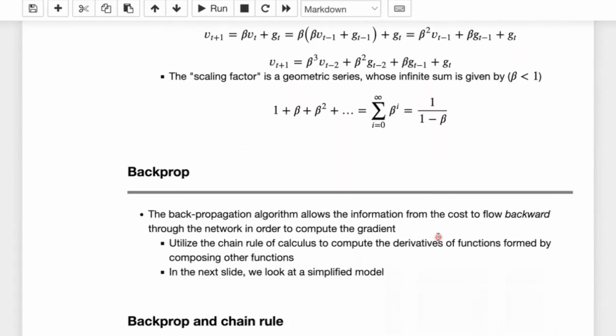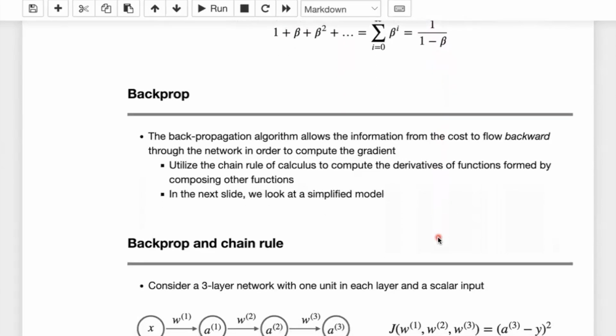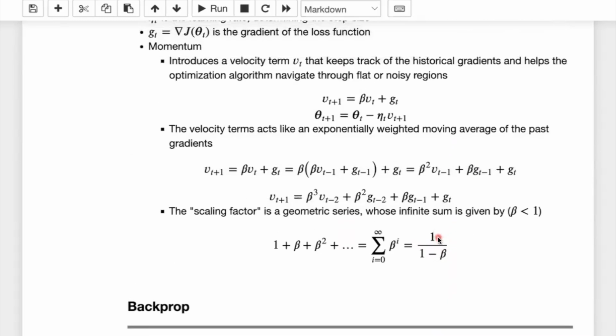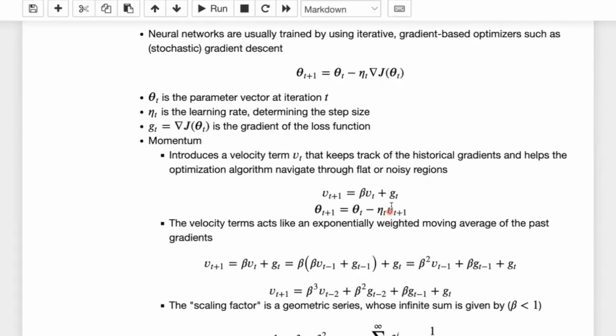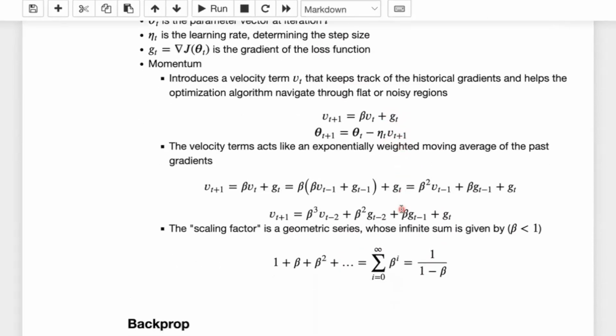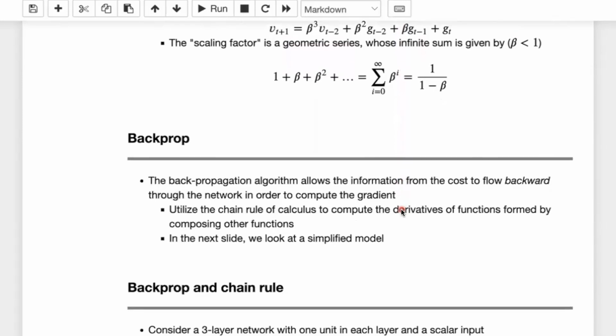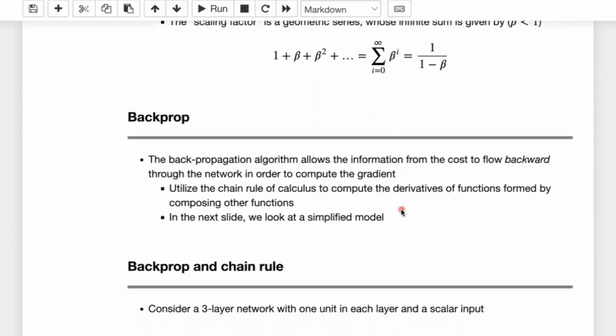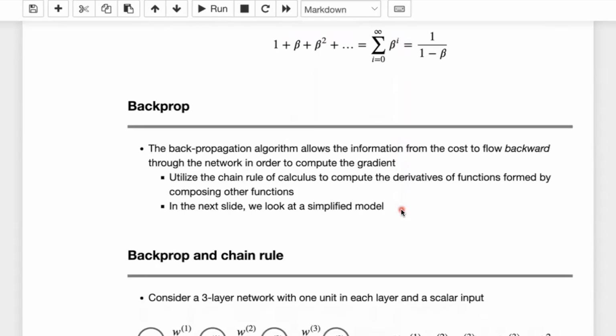And this takes us to the idea of backpropagation, right? So the main thing that we need to do, as you just saw in this equation that we have here, is to find the gradient at each iteration, the gradient of the loss function. And the way that we can find these is using this idea of backpropagation, which allows us to flow information backward in the network, meaning that in order to find the gradient, we can always start from the end of the network where we have the loss function and then find all partial derivatives and gradients.